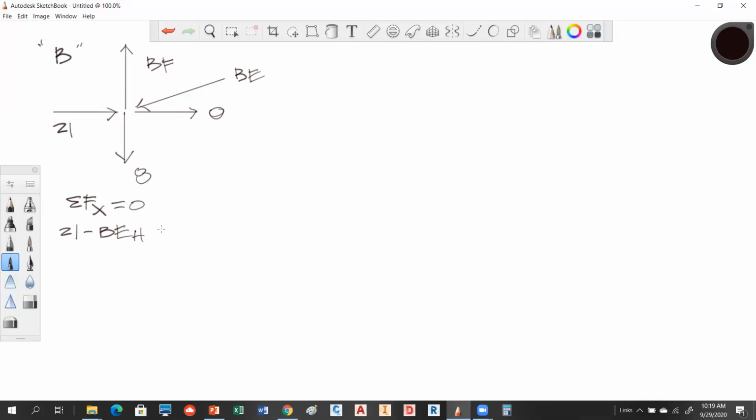We don't need to worry about that. That's equal to 0. So that gives me BE horizontal comes over as a negative 21. Negatives on both sides tell you that we definitely indicated that correctly. So we know that we are compression. Agree? Yeah.